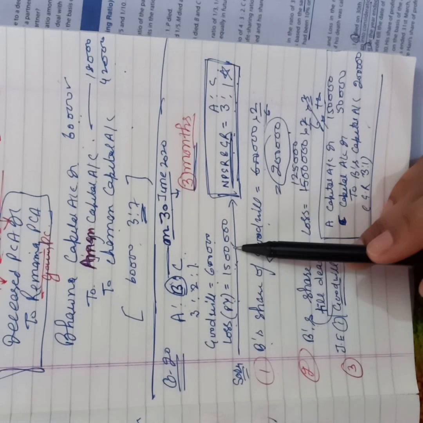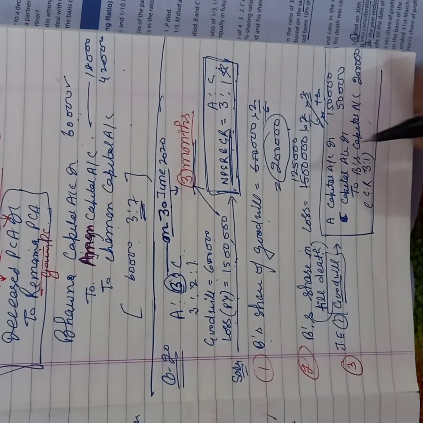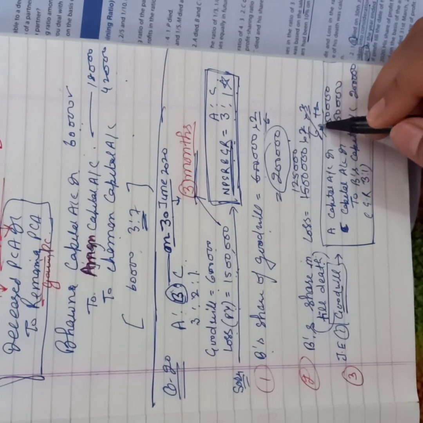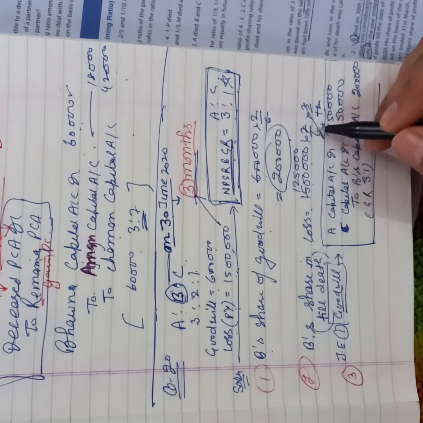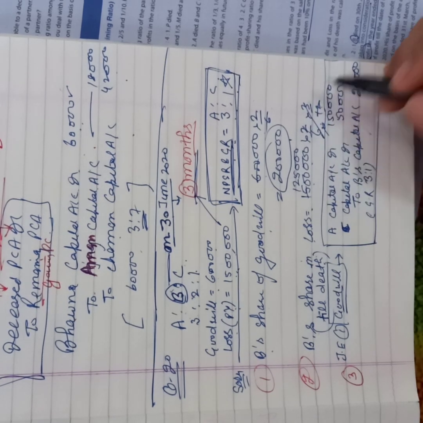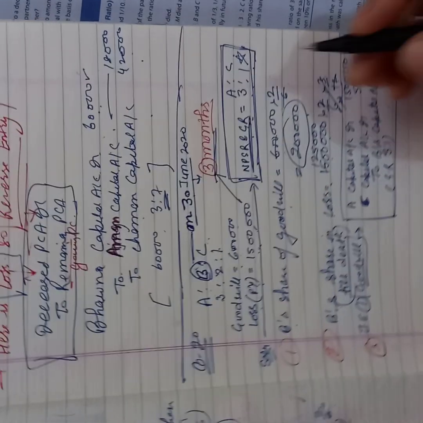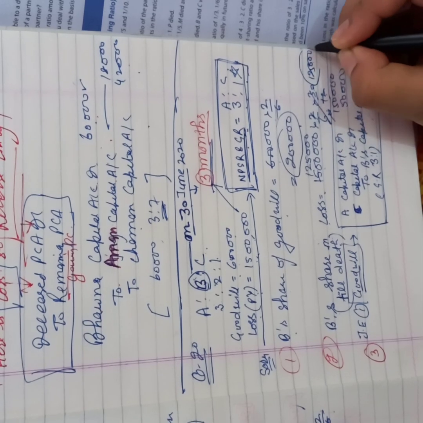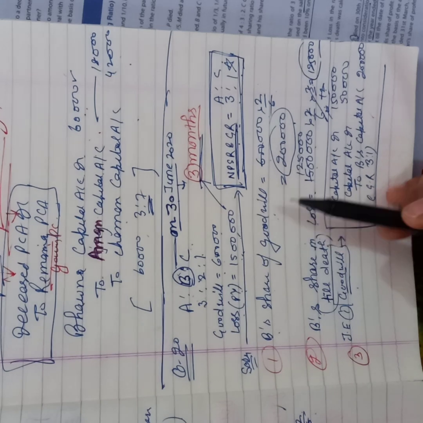The loss of the last 12 months is given and he has contributed only 3 months, so we will first take out the loss of 3 months and then give him a share in it. So B's share in loss till date of death is 15 lakhs into 2 by 6 into 3 by 12. So the loss is rupees 1,25,000.